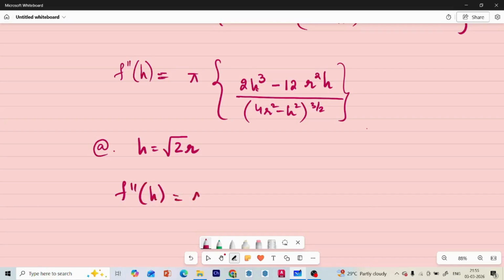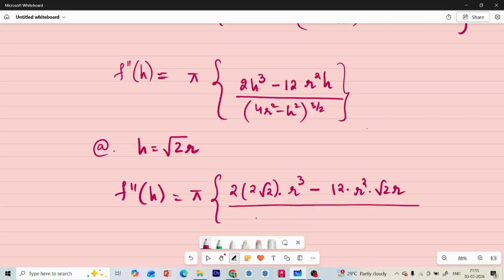So at root 2r, it becomes pi into 2 into root 2 cube, which is 2 root 2 into r cube, minus 12 into r square into root 2r, whole divided by 4r square minus h square, that is 2r square whole power 3/2.